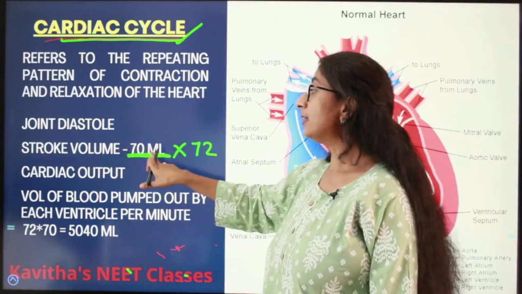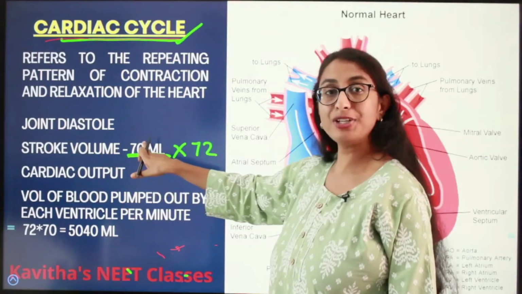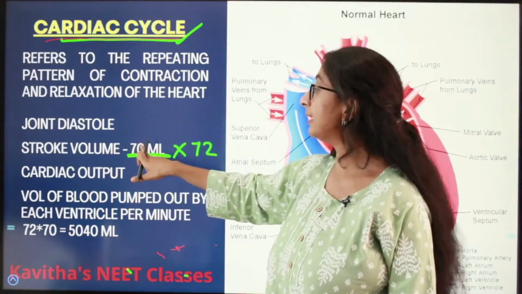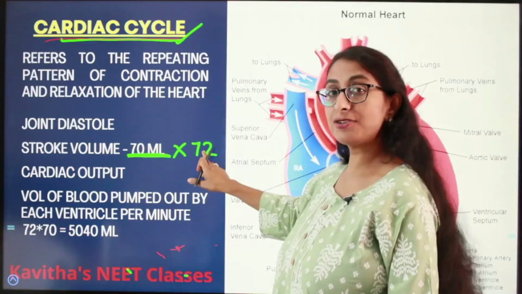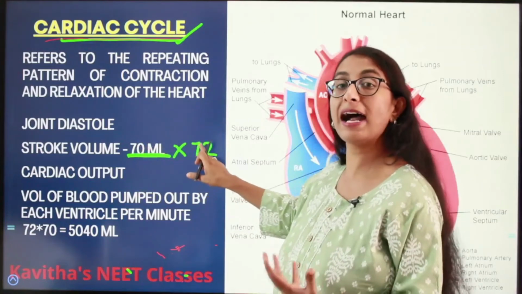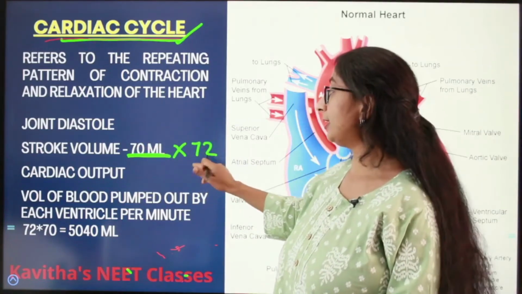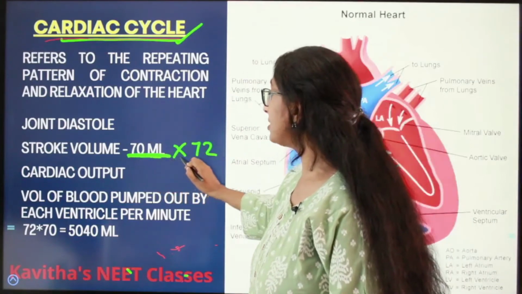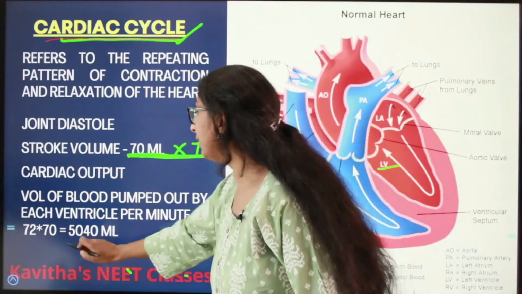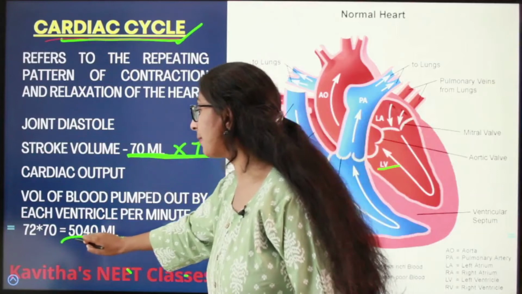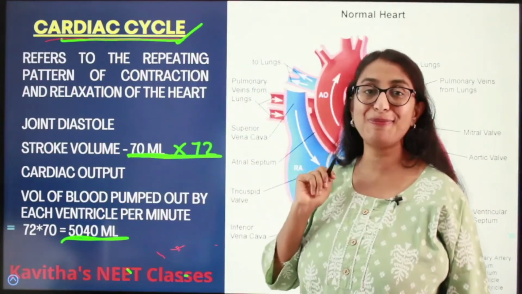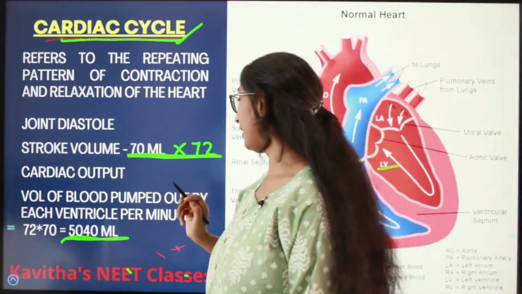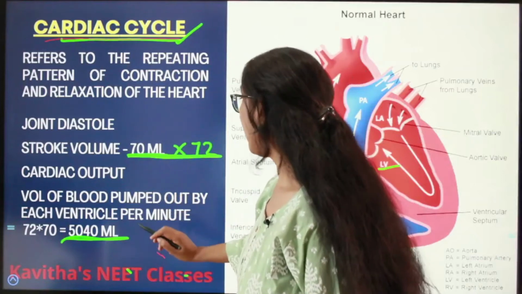Stroke volume is the volume of blood pumped by the ventricles in a single contraction, right? That is 70 ml. And heart rate, that is the number of times the heart beats in a minute, is 72. So when we multiply 70 into 72, we get 5040 ml, which is approximately 5 liters of blood. And this is called the cardiac output.